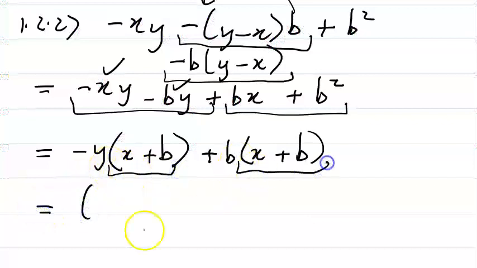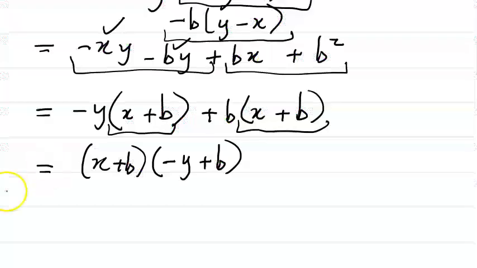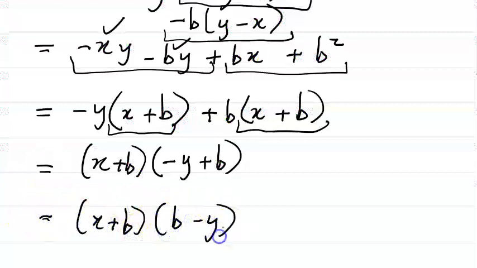So we can remove that as a common factor. X plus b into minus y plus b. Or you could write your answer as x plus b into b minus y. It's the same thing. If you left it like that, it's perfectly okay.